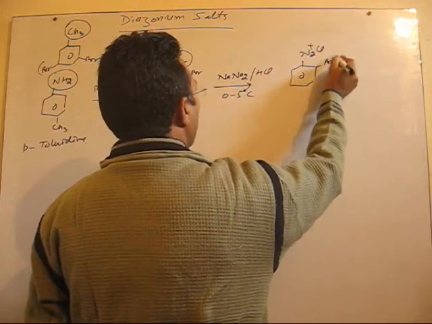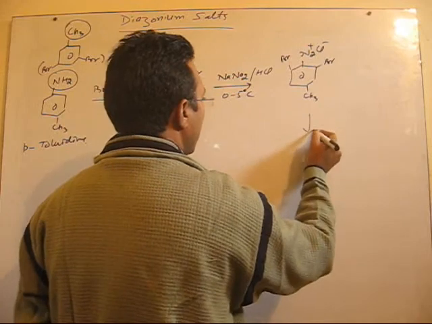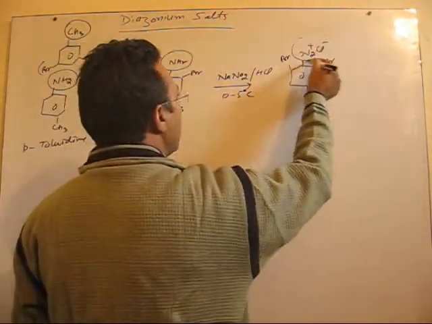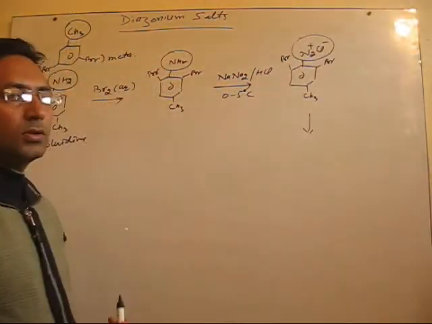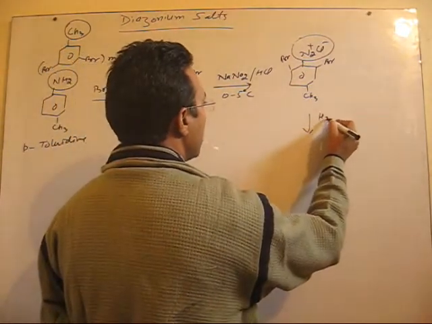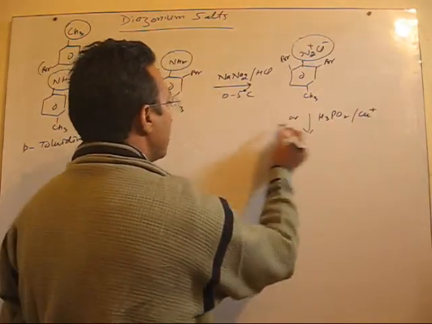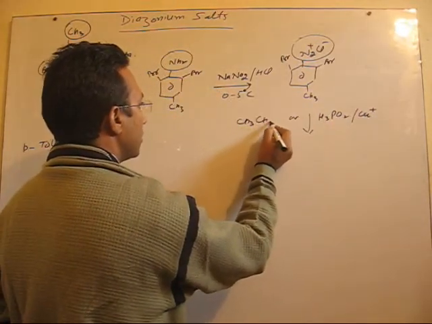You have got the diazonium salt, and you also know that this group can be substituted, replaced by hydrogen, by the deamination reaction, that is H3PO2 in the presence of cuprous salts, or you can use ethyl alcohol for this reaction.